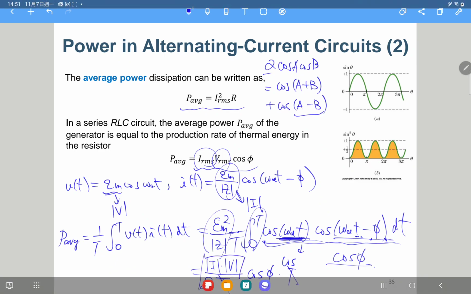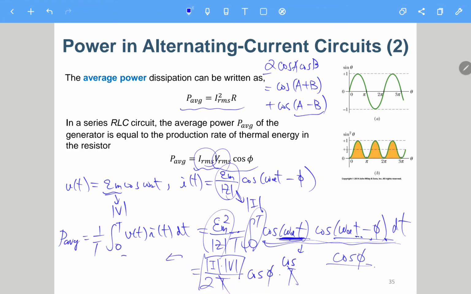Finally, this 2 becomes I RMS and V RMS, since you just split it into 2 square root of 2. The absolute value of I over the square root of 2 becomes I RMS, and the absolute value of V over the square root of 2 becomes V RMS.